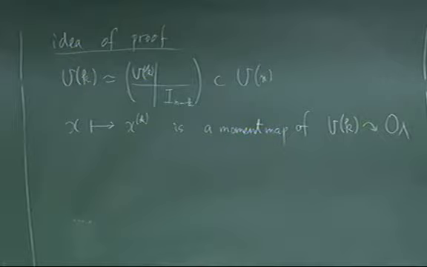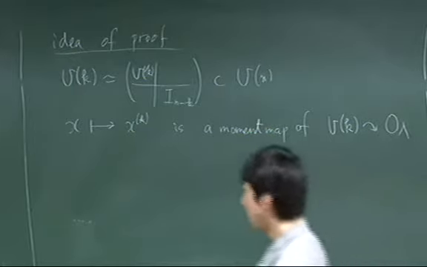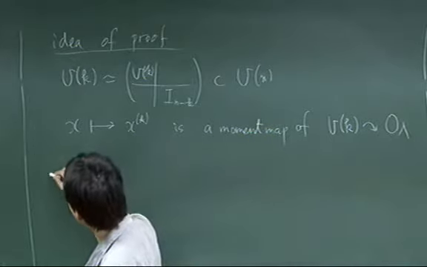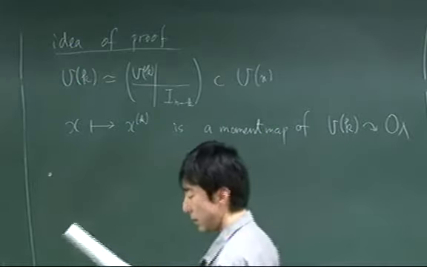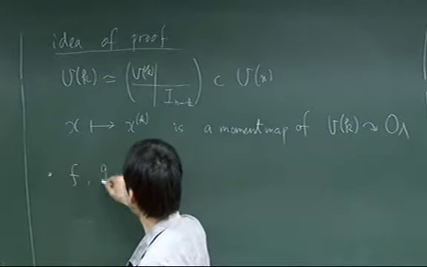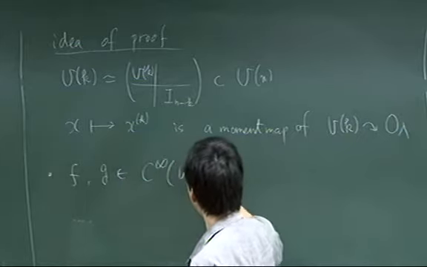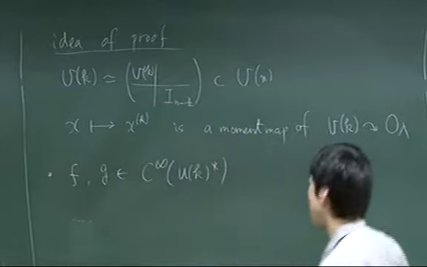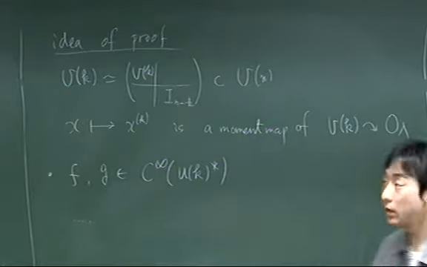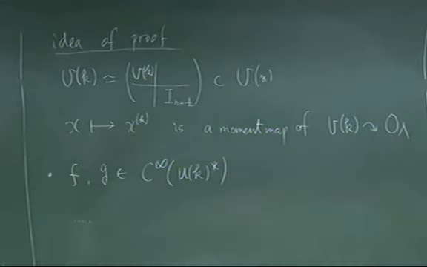Then the theorem follows from two properties. So if we take two functions on the image of the moment map. Lambda I, I'm sorry, Xk is a moment map of the unitary action on this symplectic manifold.